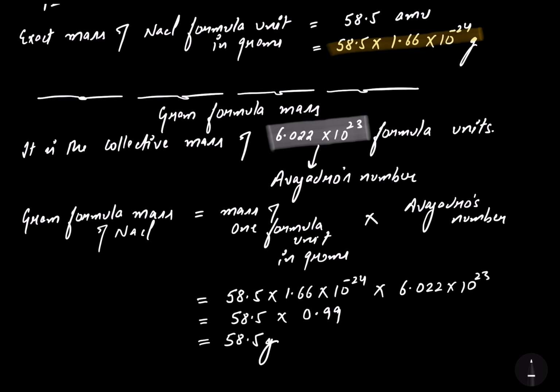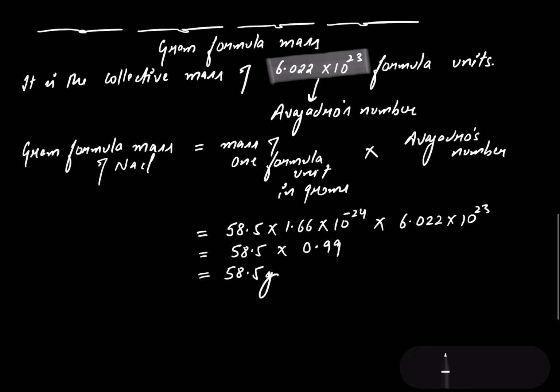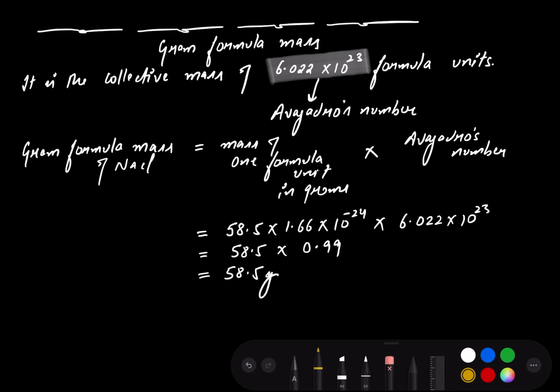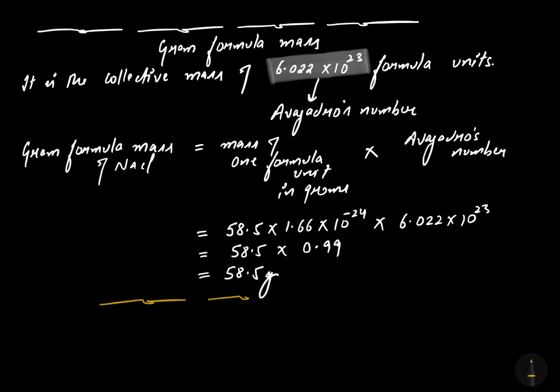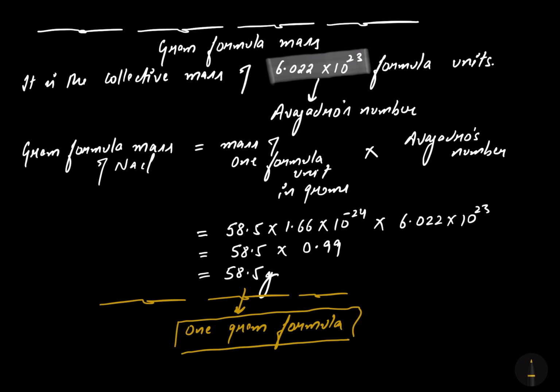So that's called gram formula mass. Now this value, the gram formula mass, is also called 1 gram formula. The collective weight of Avogadro's number of formula units is also called 1 gram formula.